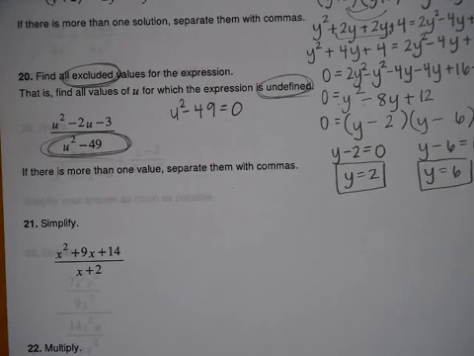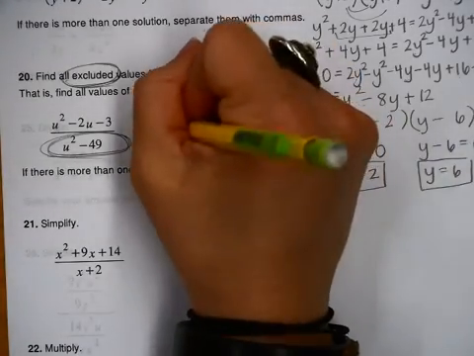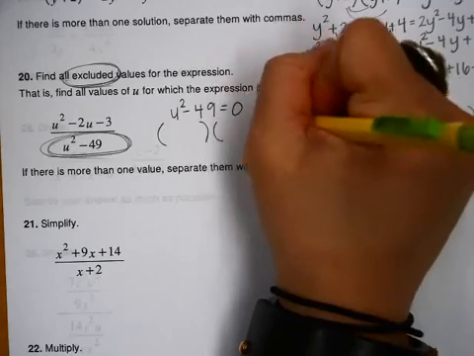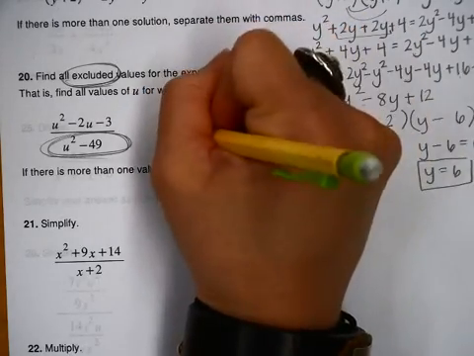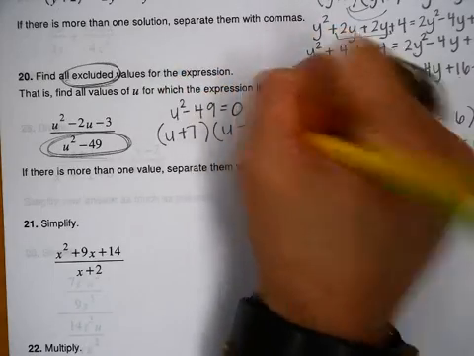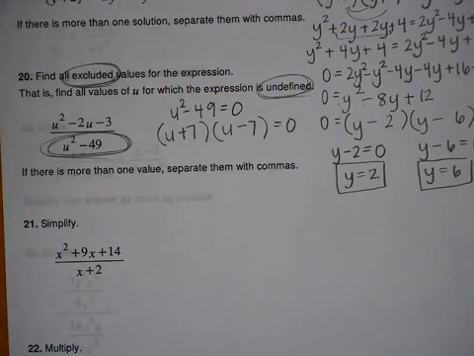Both parentheses will have the exact same numbers and variables, but what will be different? Since it is the difference of squares, our signs are different. One will be a plus and one will be a minus. So we're going to have two sets of parentheses: u plus 7, u minus 7, or u minus 7, u plus 7.